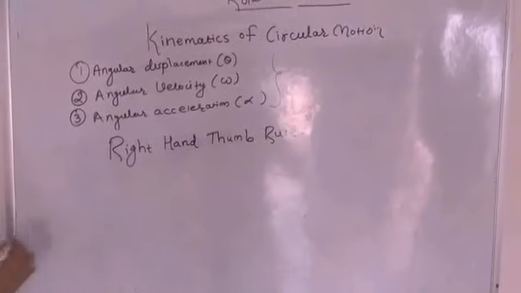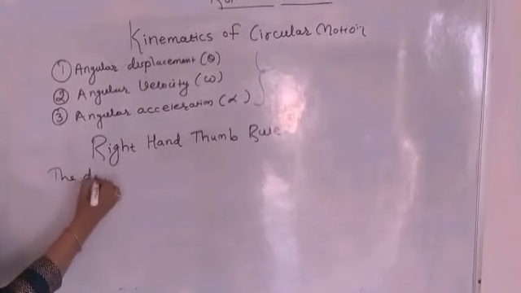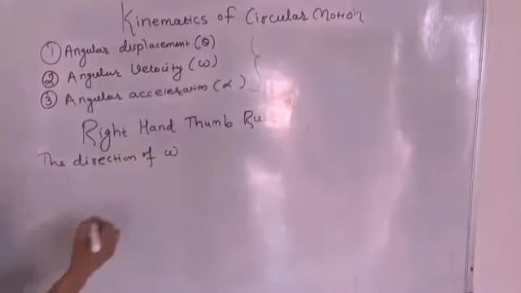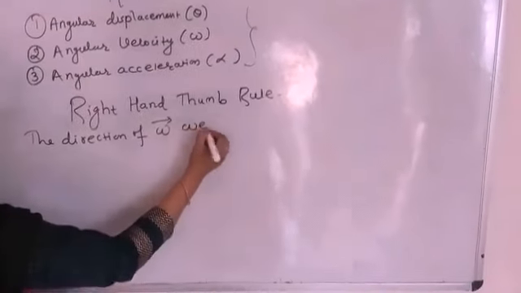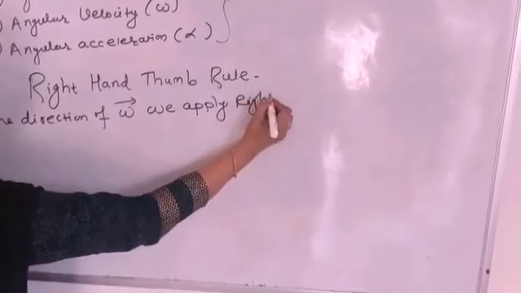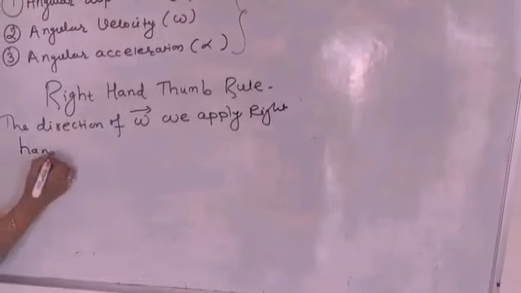To know the direction of omega, we apply right hand thumb rule.